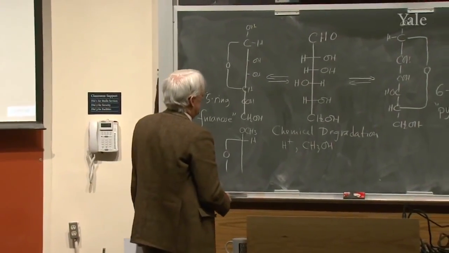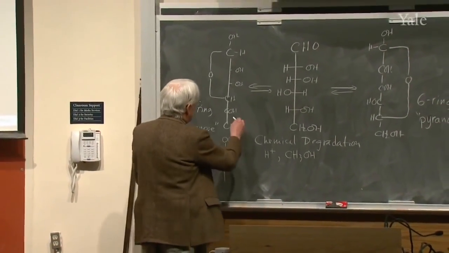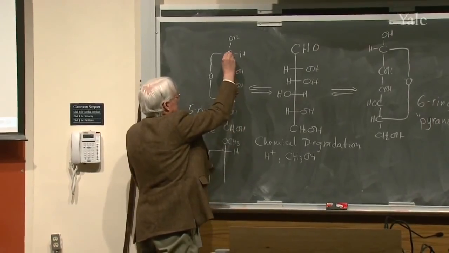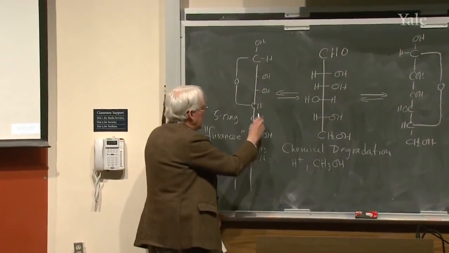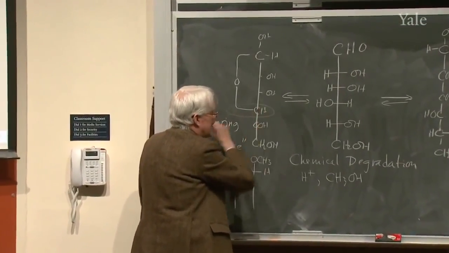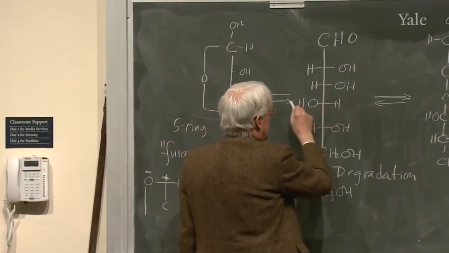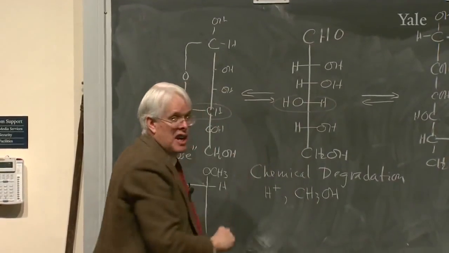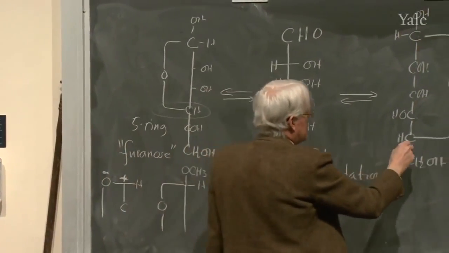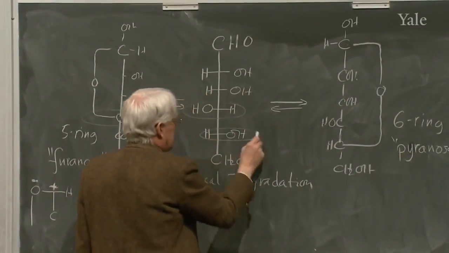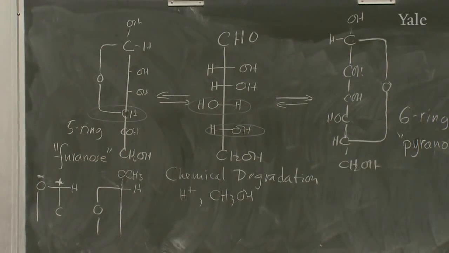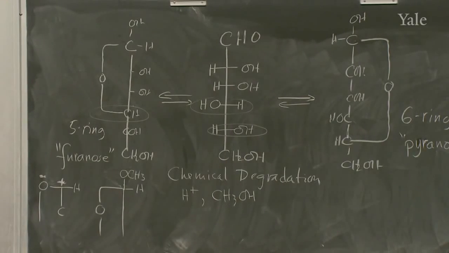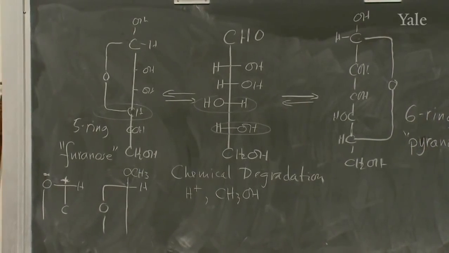Because notice that not only did this OH keep from getting oxidized, this OH didn't get oxidized on this side, and this OH didn't get oxidized there. So the protection protects not only the aldehyde from being oxidized, it also protects the alcohol.